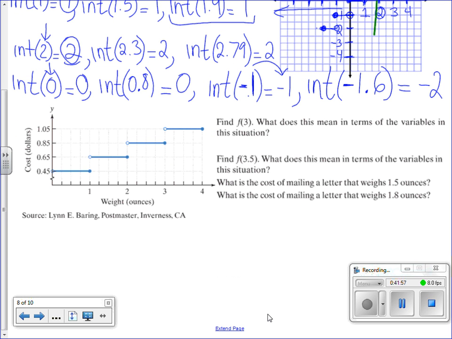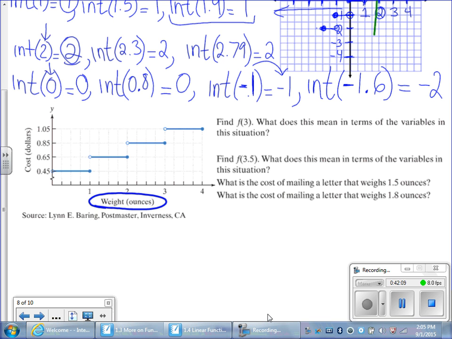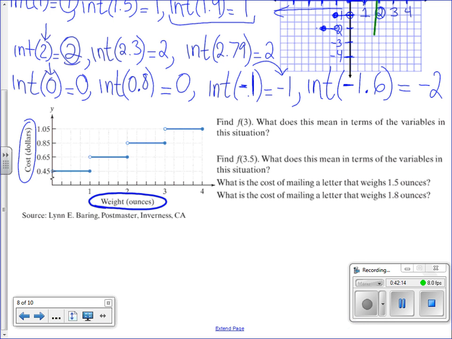So this is what I was talking about the other day, mailing a package or a letter in this case. If you mail a letter, the independent variable, the horizontal axis here, represents the weight of the letter in ounces. And the vertical axis represents the cost of mailing that letter in dollars. So if the letter weighs between, well, no letter should weigh 0 ounces, right?